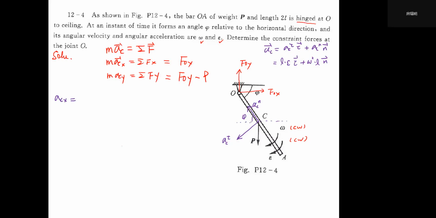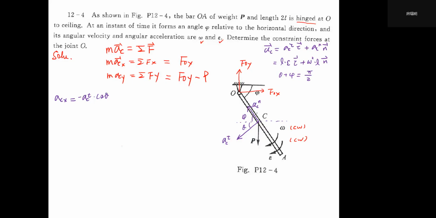Let me call this angle theta. Once again, we have the relationship theta plus phi equals half pi. So ACX equals ACT times cosine theta, but this projection component is along the negative direction of x, so it will be minus.